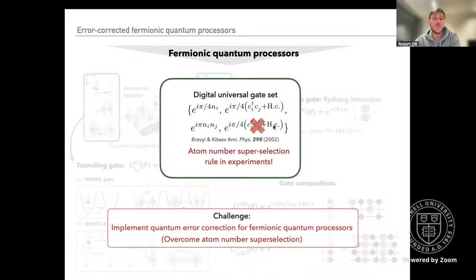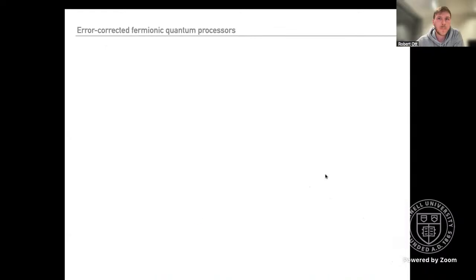So you actually do want to create superposition of different numbers because you want to be able to correct for instance dephasing errors that might happen during your computation. So in the next few slides, I will try to first repeat a bit about quantum error correction and then explain to you where this problem really arises.